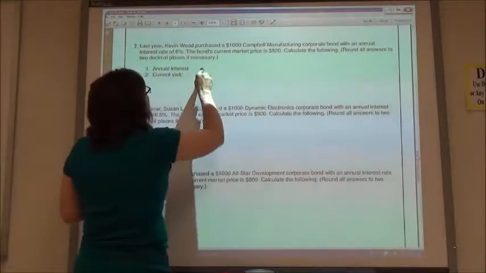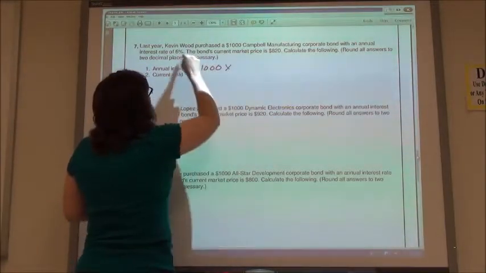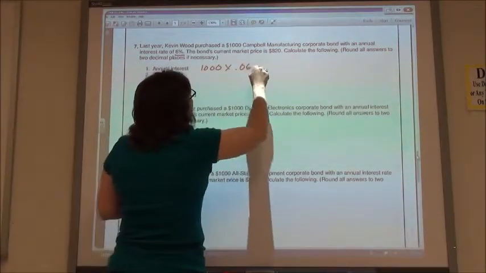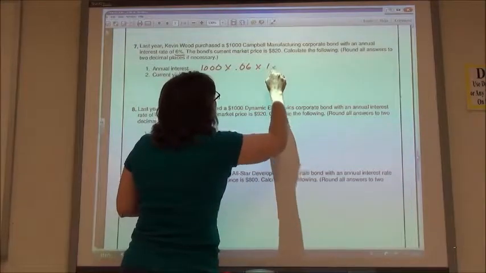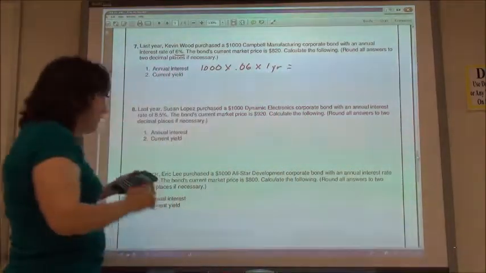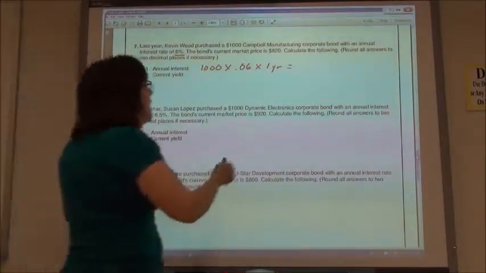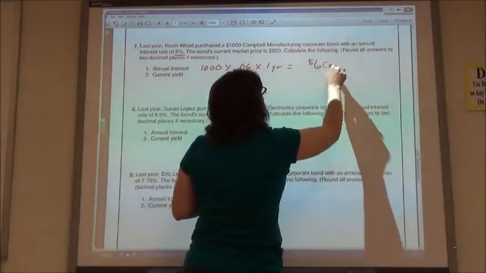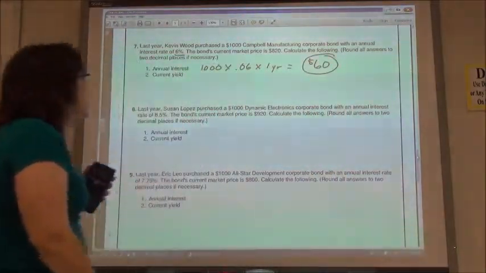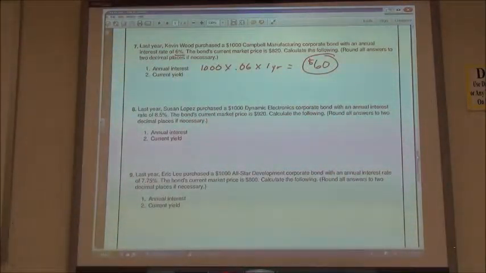The bond is worth $1,000. We have a 6% interest rate and we're doing annual interest, so we're just doing 1 year at a time. So if we take 1,000 times 6%, we get $60 a year. So my annual interest, $60.